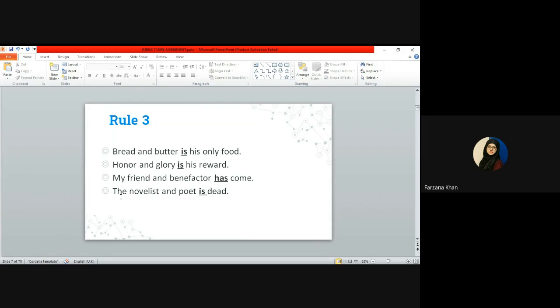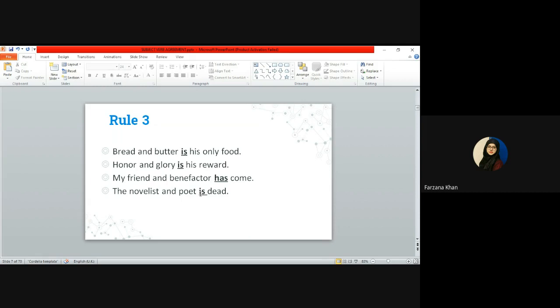Another last example, the novelist and poet is dead. In this sentence, it doesn't mean that novelist and poet are two different persons. The writer is basically talking about one person who is the novelist and at the same time also a poet, right? So he is talking about one idea, one person. That's why the subject is singular.